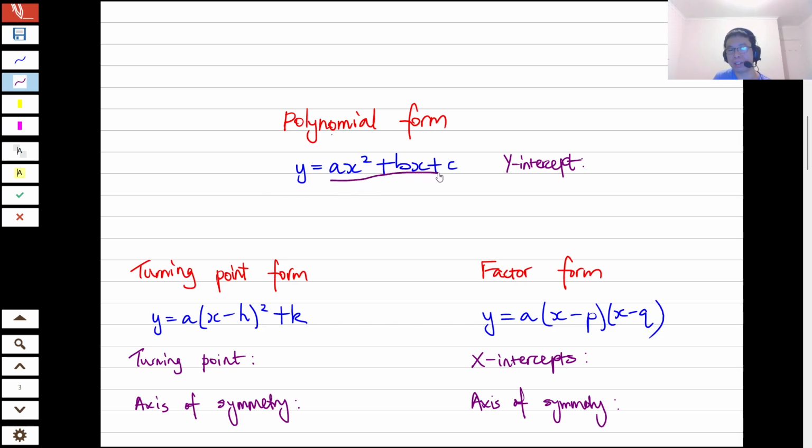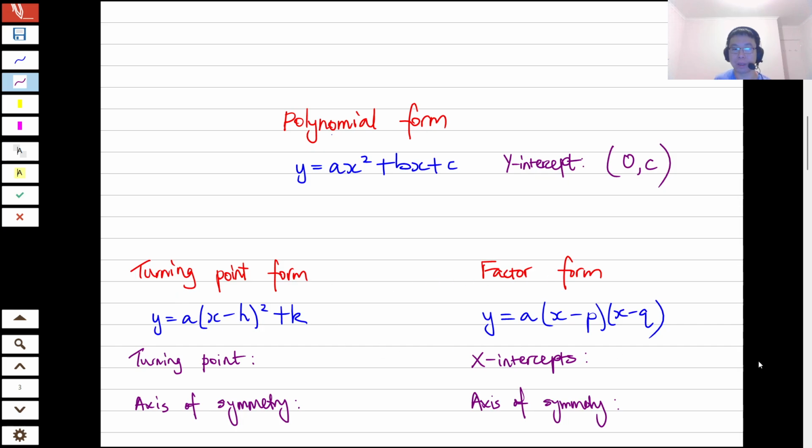Because by looking at this equation, I can only read off one useful piece of information, and that's the y-intercept, c. I can't tell what the turning point is, and I can't tell what the intercepts are. In order to get that information, I will need to do some algebra to change the equation from polynomial form to one of these other two forms.